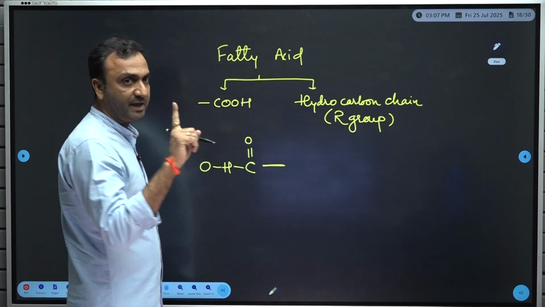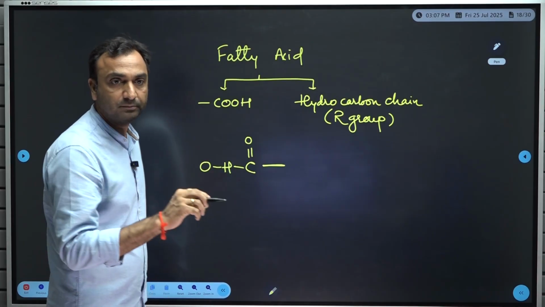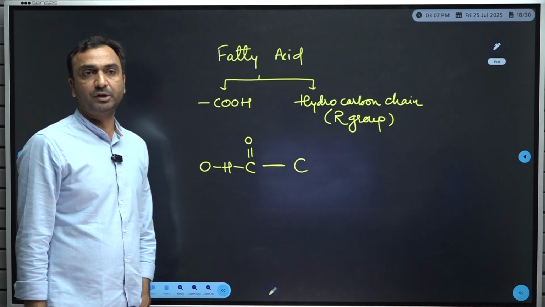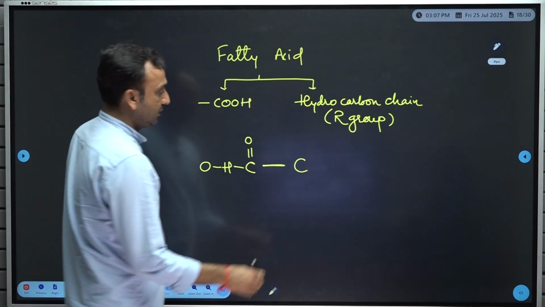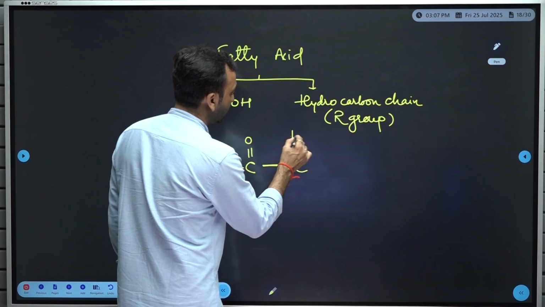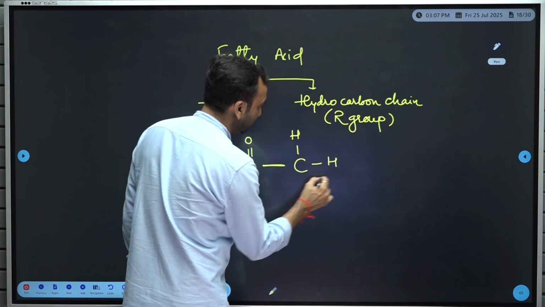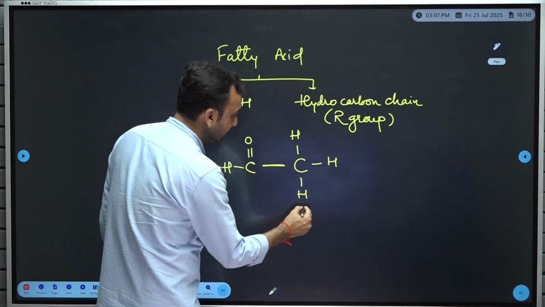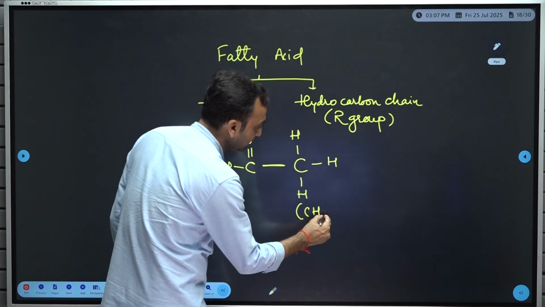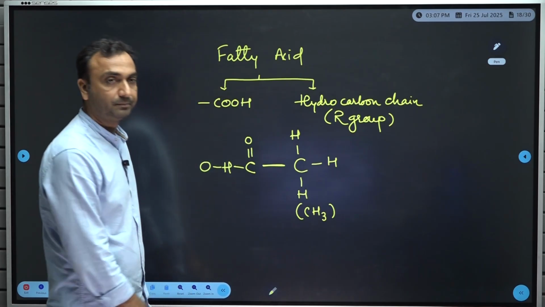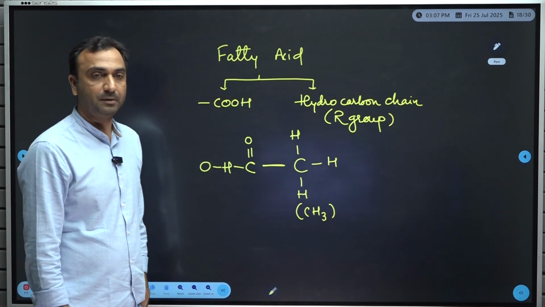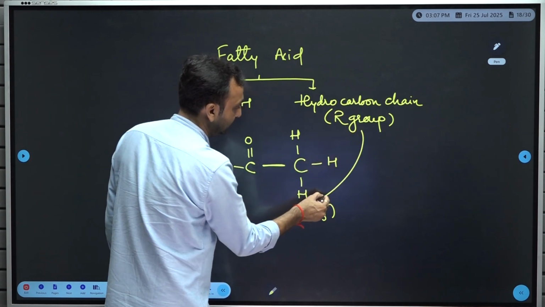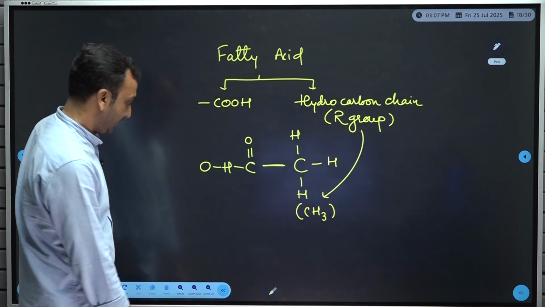Say for example, I am taking a single carbon molecule as the R group, with hydrogen, so this is the CH3 molecule. The minimum requirement of R group is CH3.